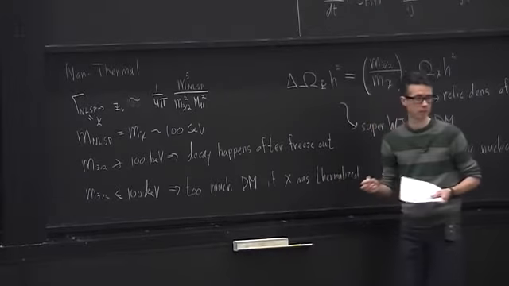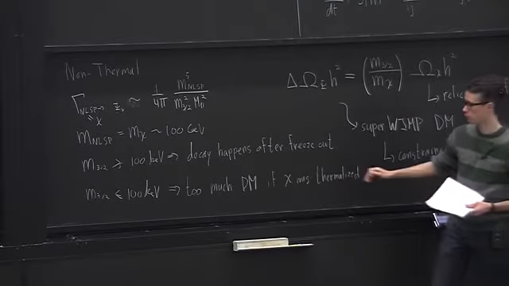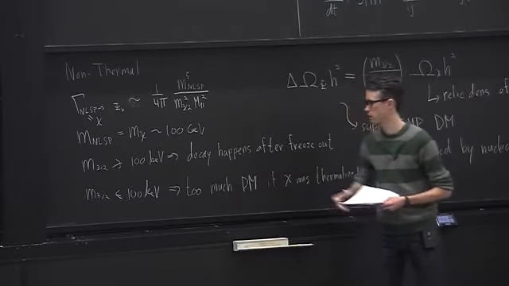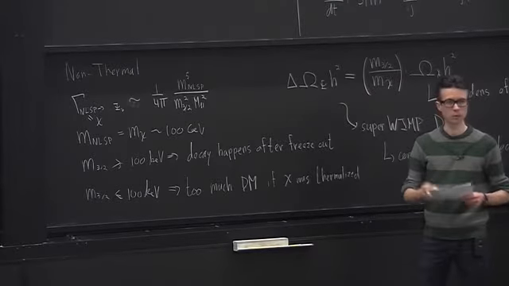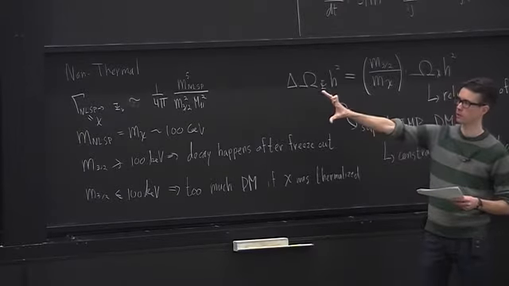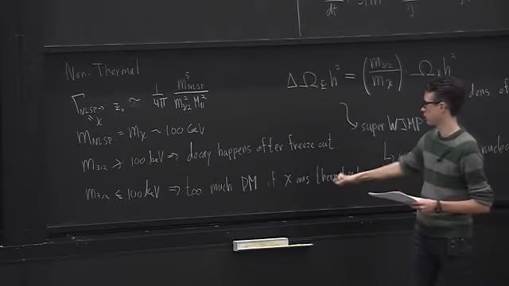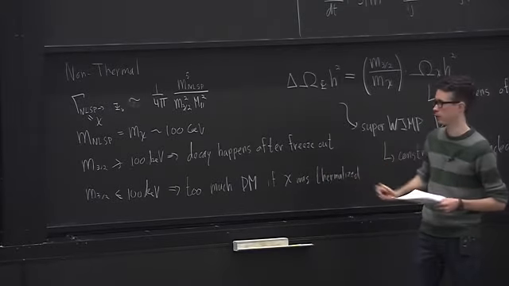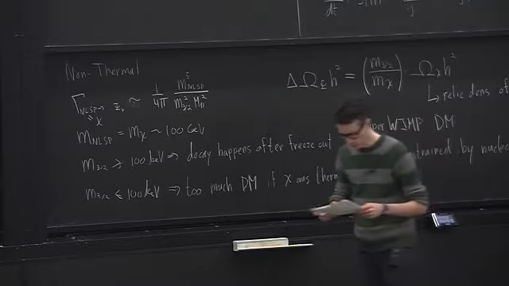So this case is also bad. So the limit for gravitino masses below 100 keV is that you even have to make sure that not only the gravitinos didn't thermalize, you also have to make sure that the standard model superpartners didn't thermalize either, because otherwise you get too much dark matter. So that's not great.